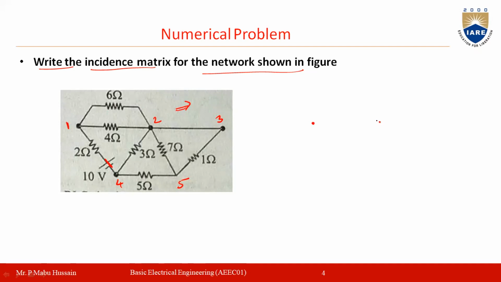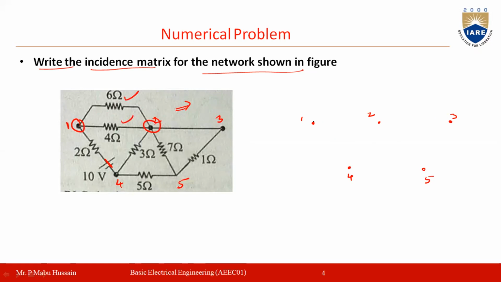So if you draw the graph for this network, first take all the nodes. Okay. So 1, 2, 3, 4 and 5. 5 nodes are there. Now between 1 and 2, you have two elements, 6 and 4.